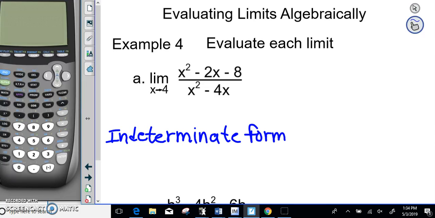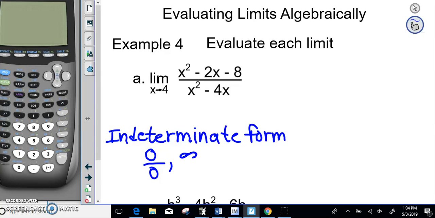All this means is when you substitute a value, for example 4, into the x values and then solve it out, you will get one of a few things. You'll get 0 over 0, which is an indeterminate form. You can't determine what the answer is.